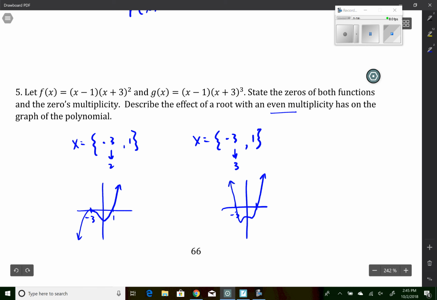So essentially, by adding another number here in the exponent, I've changed the overall degree of the polynomial. I went from a degree 3 polynomial in f of x to a degree 4 polynomial in g of x, meaning I've changed what the graphs do at the end. That's what we're going to start talking about over the next couple lessons. For right now, just understand what's happening at the x-axis. That means you know what you're doing.